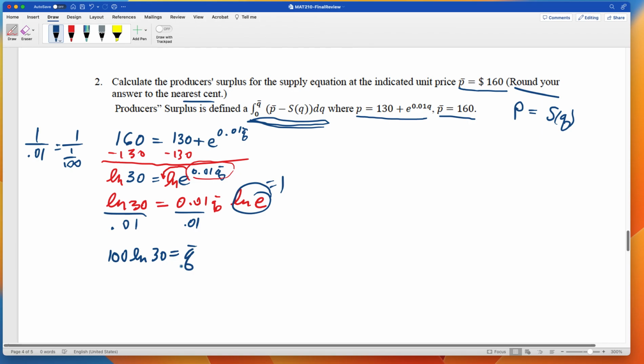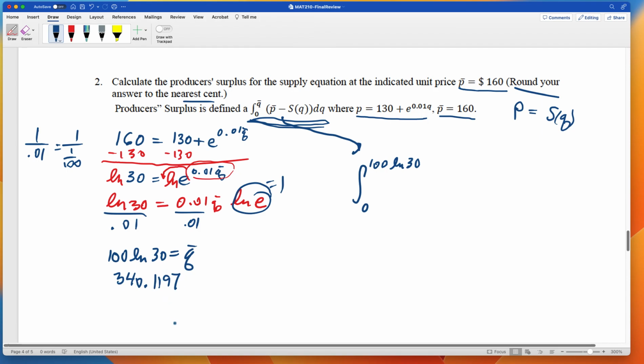Now, since we're going to round our answer at the end, it's best to keep it all together. So again, we take our formula. We're going to go from 0 to Q bar, and Q bar is 100 natural log of 30. And again, you could put that in and get the decimal equivalent. If you put that in, you'll find it's 340.1197382.